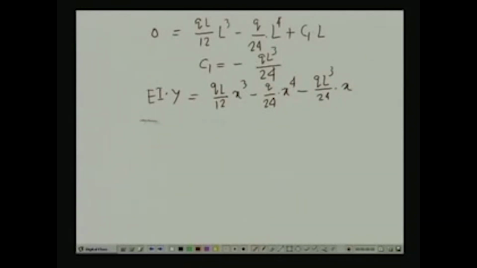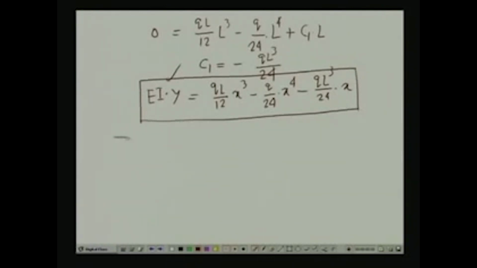So, this is the expression of the elastic curve for the beam. So, at any point x we can get the value of y. Now, as you can see, we have the beam and the expression for y; at any x we can compute the value of y.